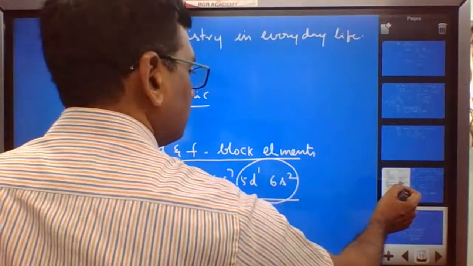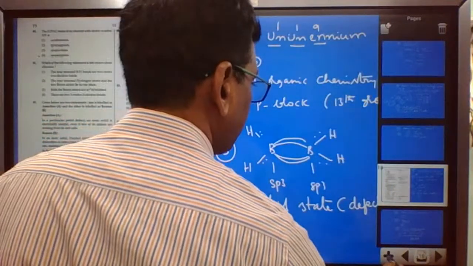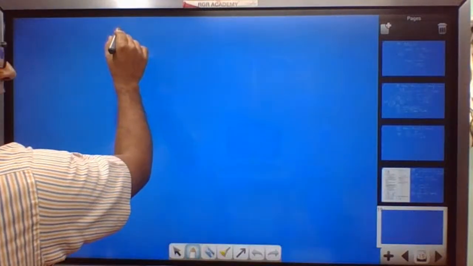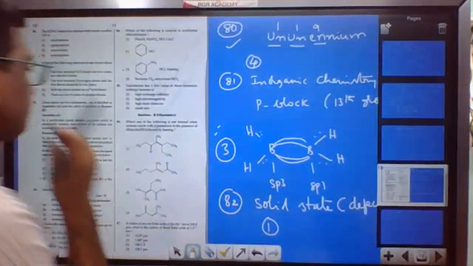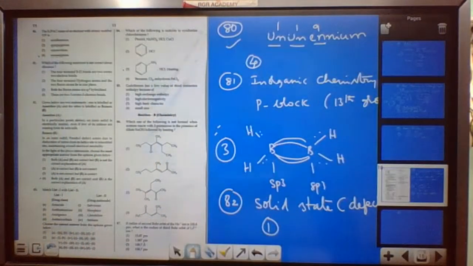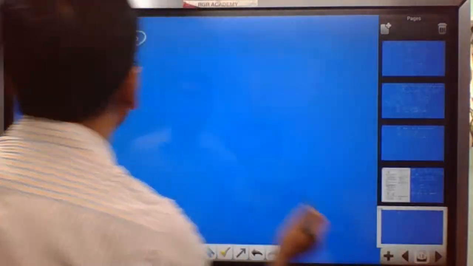Next, coming to section B. That is question 86. It is given from the organic. It is based on the aldol condensation. Very interesting question.